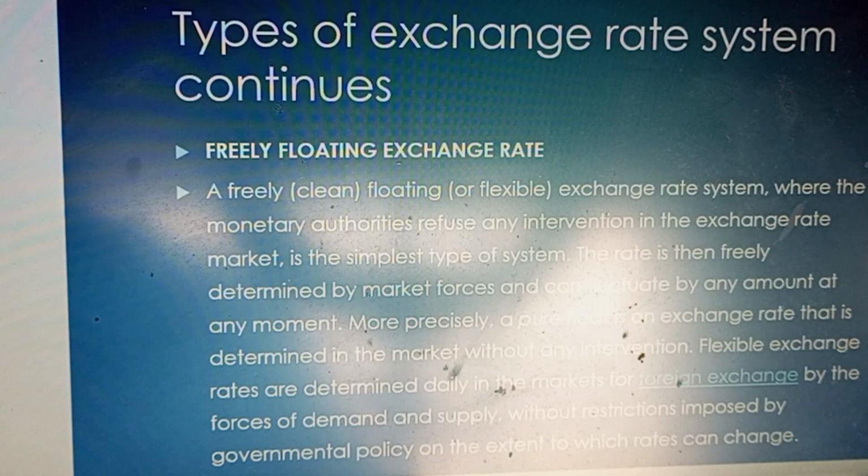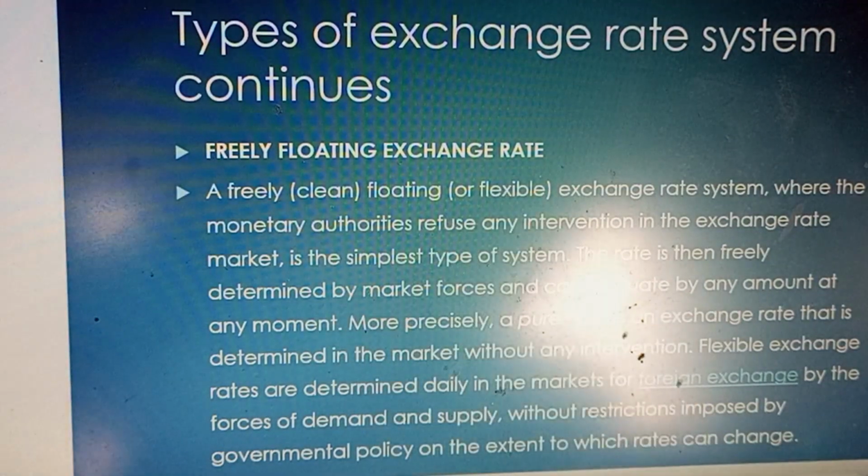More precisely, a pure float is an exchange rate that's determined in the market without any interventions. Flexible exchange rates are determined daily in the market for foreign exchange by the forces of demand and supply without restrictions imposed by governmental policies on the extent to which rates can change.